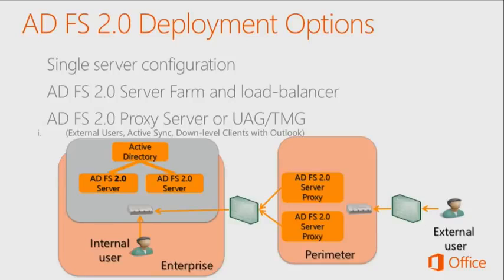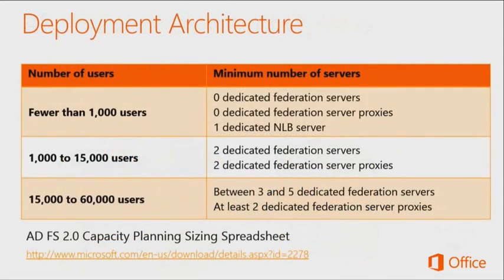You have 2 ADFS 2.0 servers, 2 proxy servers, and DirSync. In this next slide, the 1 dedicated network load balance server is those 5 servers. So for 1,000 to 15,000 users, we're talking 2 of those and 2 dedicated proxy servers.